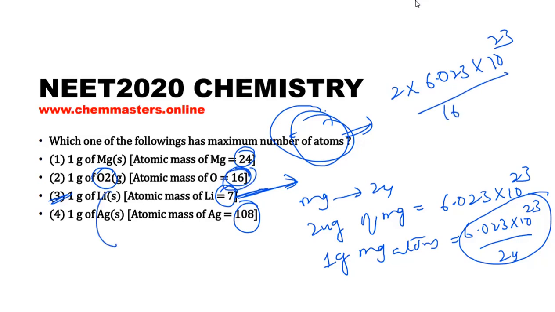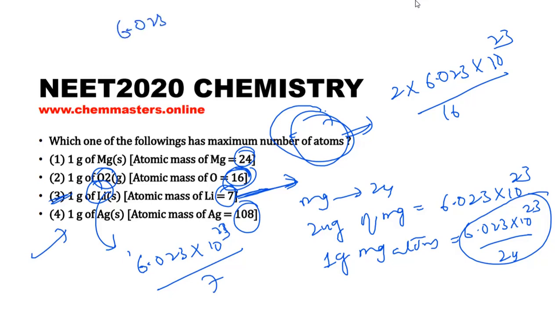Now for lithium, only one atom is there, so 6.023 into 10 power 23 by the atomic mass of lithium, 7. For silver, 6.023 into 10 power 23 by the atomic mass of silver, 108.